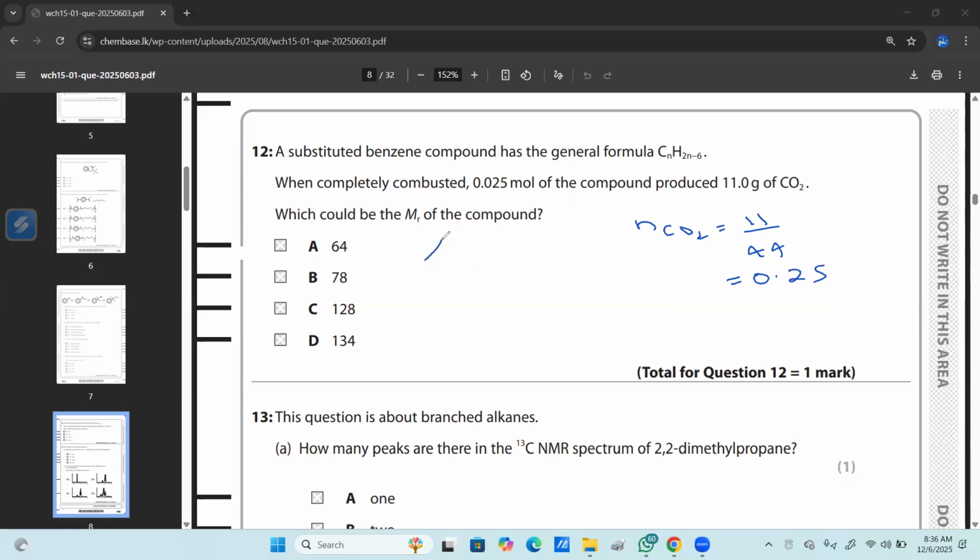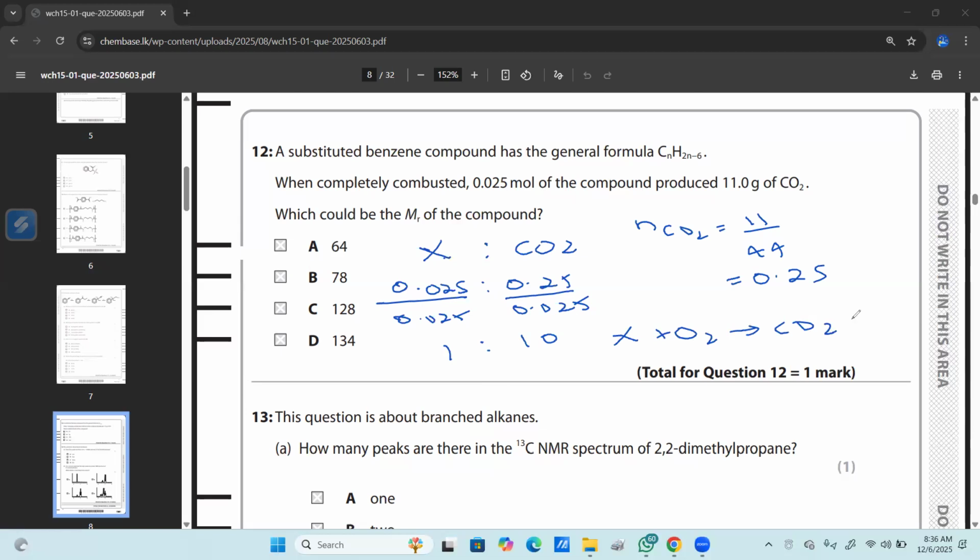Then I got the ratio between the compound and carbon dioxide, because the number of moles they have given. Then I should divide it by the smallest decimal number to get the stoichiometric ratio between the two, 1 to 10. So if I write the equation, CO2 H2O, for 1 you have 10 carbon dioxide.